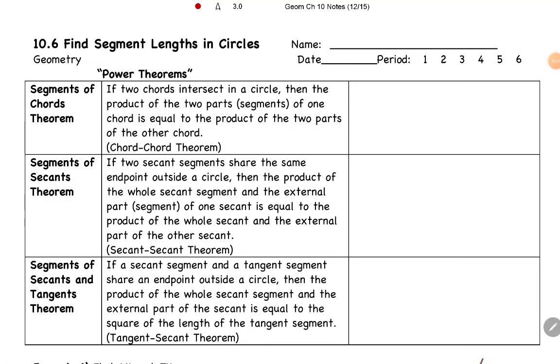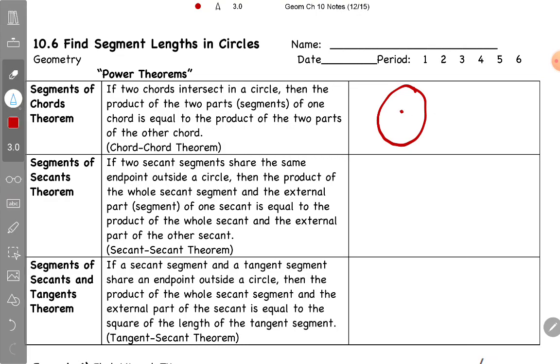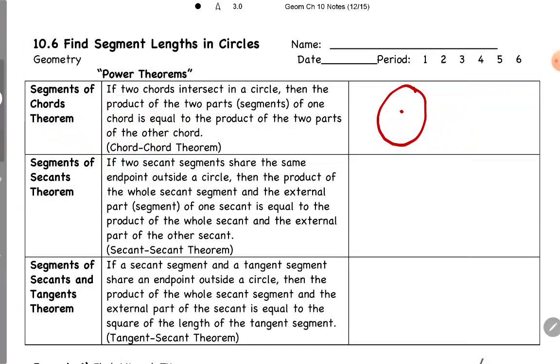Today in geometry, we'll be looking at segment lengths in circles. So once again, let's draw a circle. I made it red this time. Let's say we have two chords.